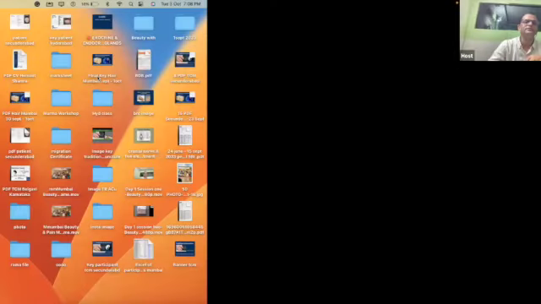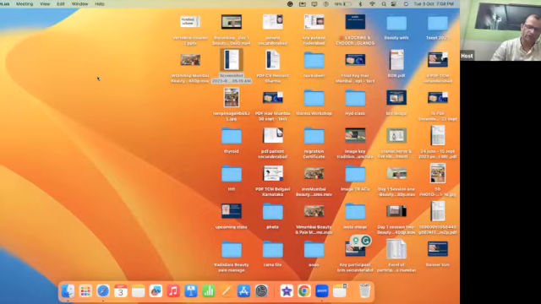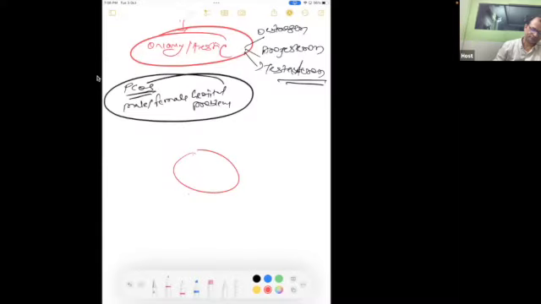What is the function of somatostatin? Let me write. Till then you can think about the functions. So CRH, TRH, GRH, and somatostatin.